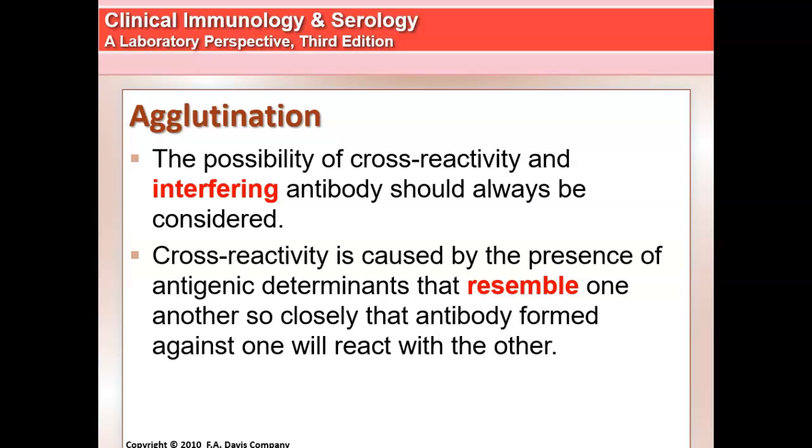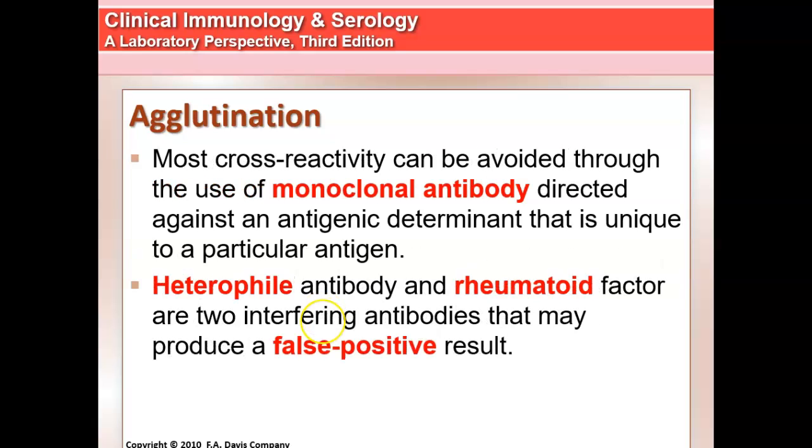Cross-reactivity is caused by the presence of antigenic determinants that resemble one another so closely that antibody formed against one will react with the other. Most cross-reactivity can be avoided through the use of monoclonal antibody directed against an epitope that is unique to a particular antigen.